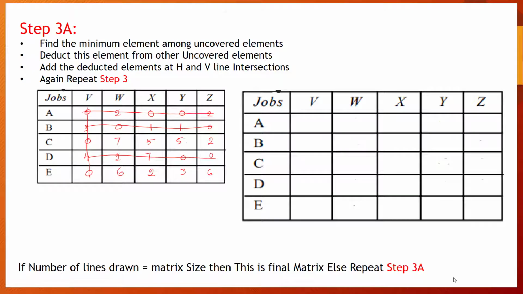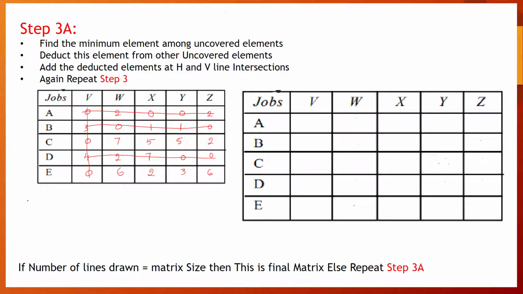So let us see what will be there in step 3a. We need to modify the table in such a way that when we draw the horizontal or vertical lines, we get the same number of lines as the size of the matrix. Let us see how we create the modified table. First we need to find the smallest element among the uncovered elements. Here the smallest element among the uncovered will be 2.